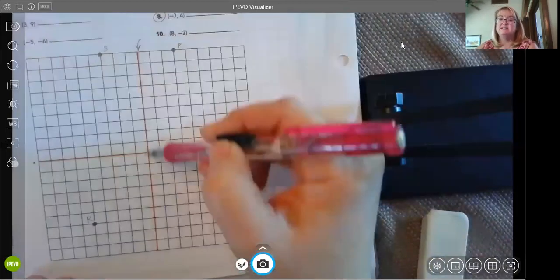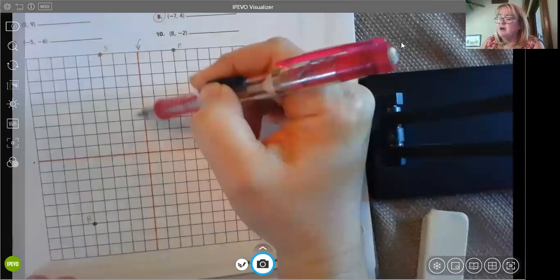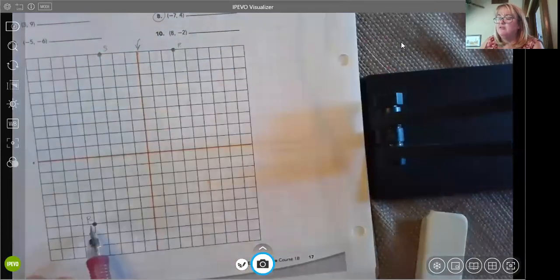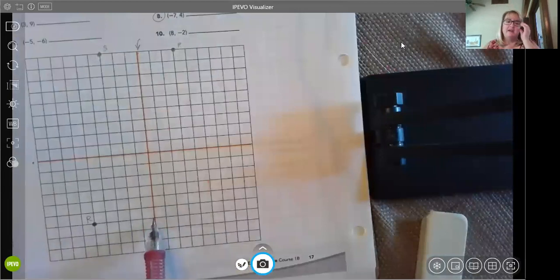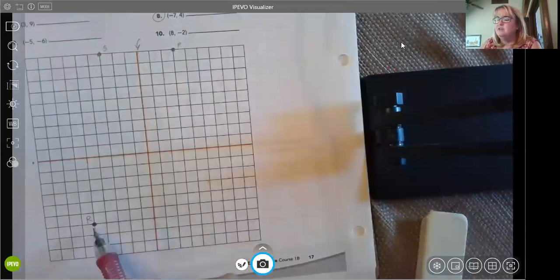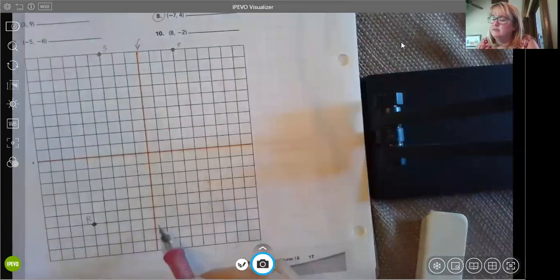Okay, we are still using the y-axis. This is our mirror. So how many units away is R from the mirror? It is 1, 2, 3, 4, 5 units away from the mirror. So instead of 5 units to the left, the reflection is going to be 5 units to the right.